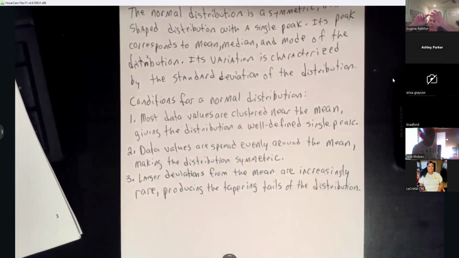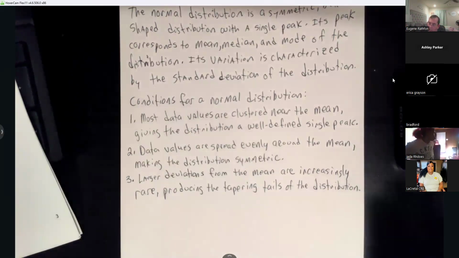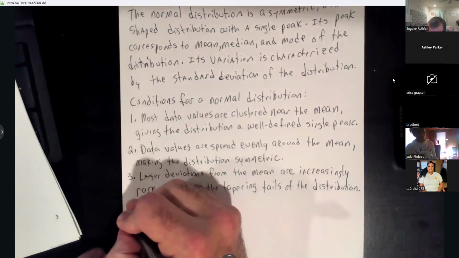So the further I get from my average or my mean, the values are going to be less and less likely to happen, and therefore it's tapering off.